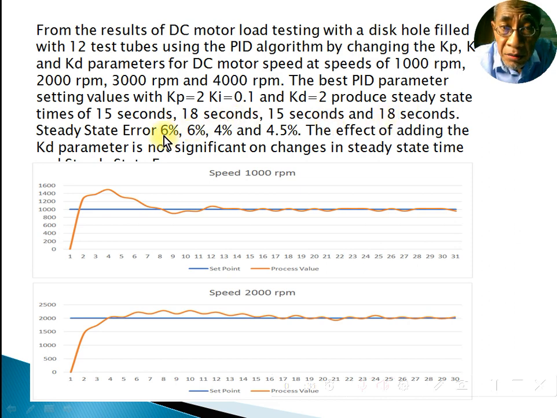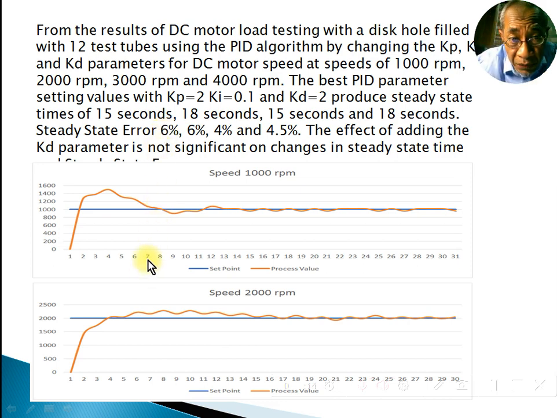The steady state error value is 6% at 1000 rpm, then 6% at 2000, then 4% at 3000 rpm, and the last 4.5% at 4000 rpm. The effect of adding the Kd parameter is not significant on changing the steady state error value.